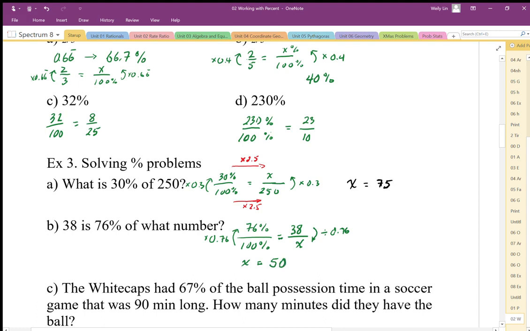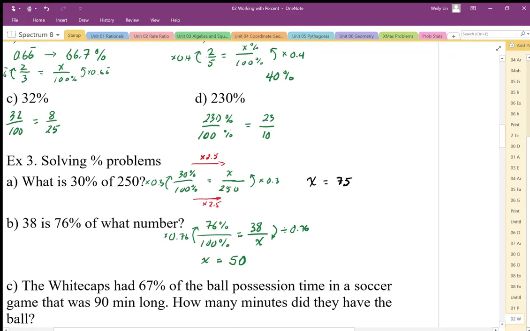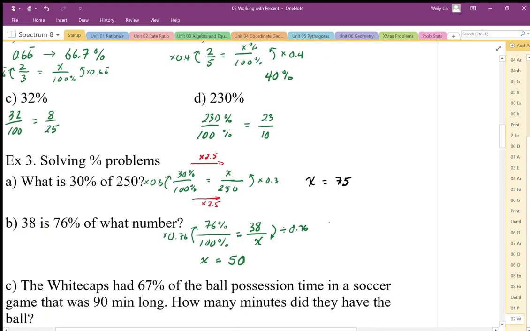So when we're doing this, we could also set this up as a times divide problem. We can say that 38 is the part, and then we want the whole.